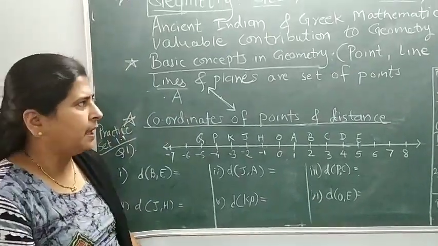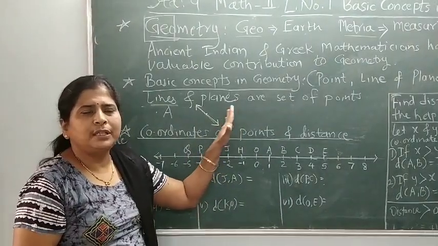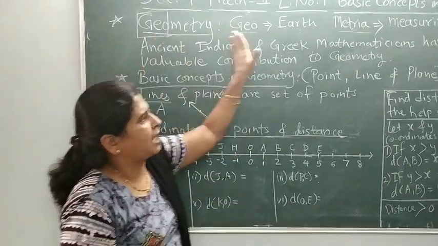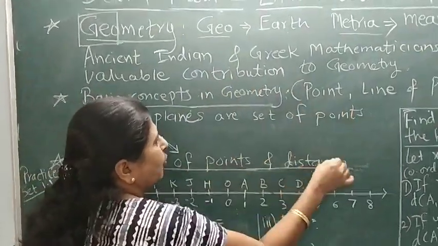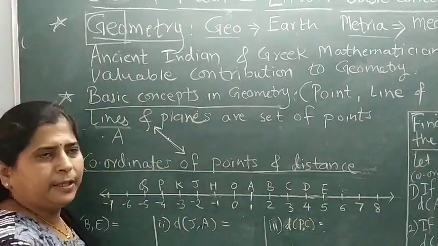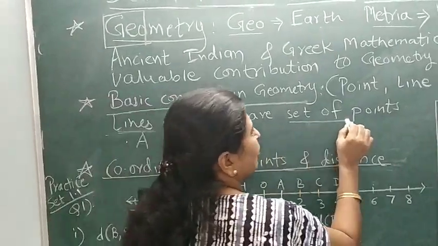A plane is nothing but a flat surface. All points in a flat surface are called a plane. For example, this blackboard is a flat surface, and any points on this blackboard determine a plane. So lines and planes are sets of points.